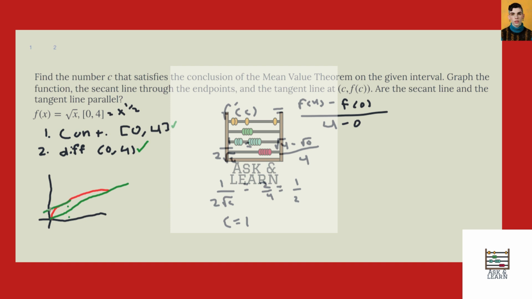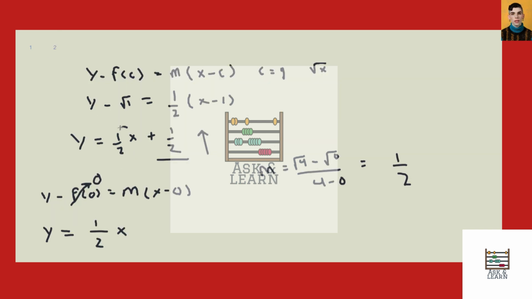This line is y equals 1/2 x, and this is y equals 1/2 x plus 1/2, and this is the one that's tangent. And so the question here is, are the secant line and tangent line parallel? And yes, they are, because they have the same slope, which is m equals 1/2, but one of them is just translated up.